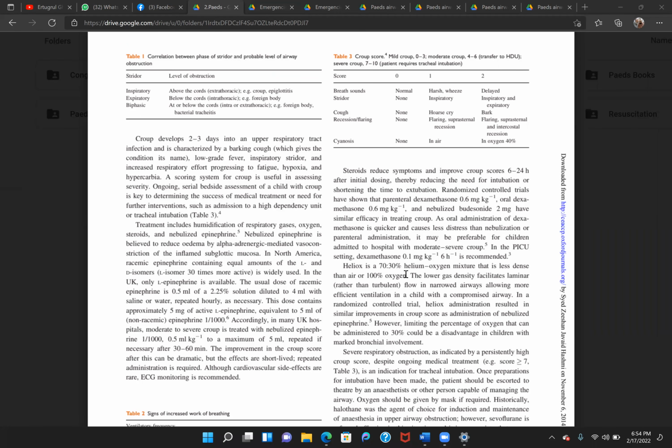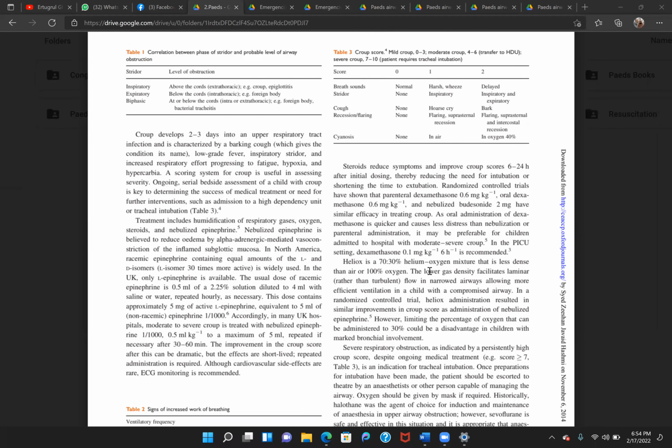But the limitation of heliox is that high FiO2 cannot be delivered if you are using heliox, because it is a 70-30 combination. In addition to that, steroids to reduce the edema, and antibiotics will be required.